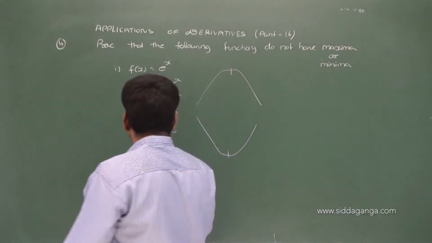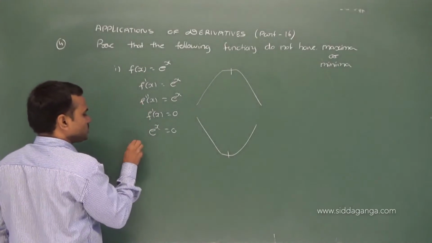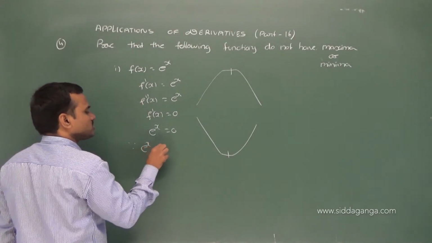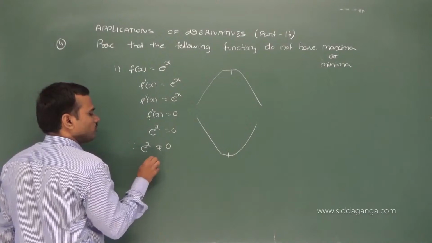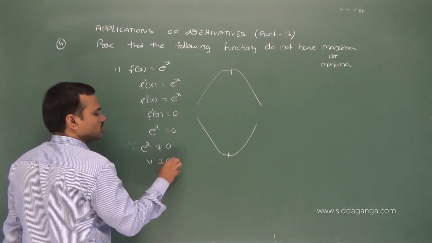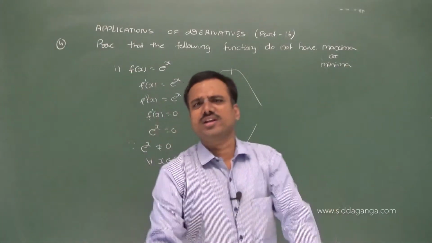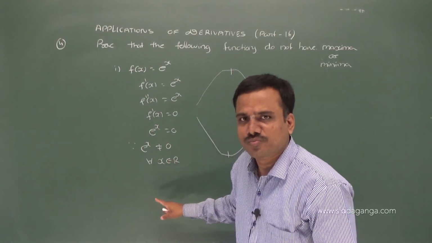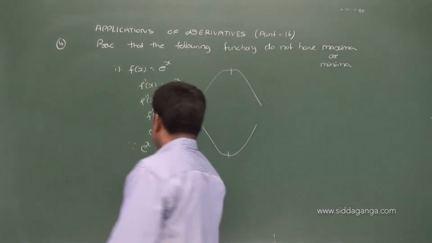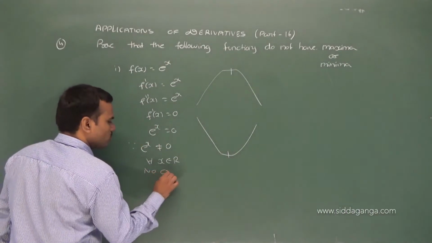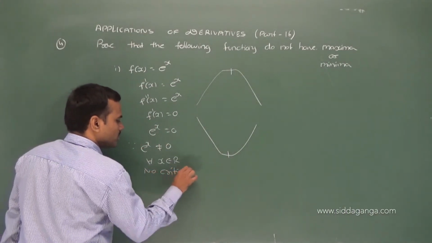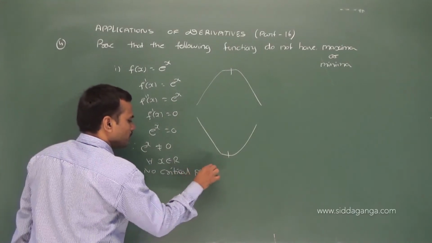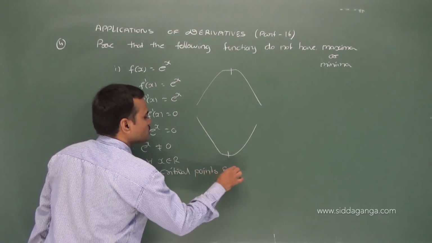So what do we write? Since e power x is not equal to 0 for all x belongs to R, correct? Now for any real number you substitute, e power x is not equal to 0, which means no critical points exist.